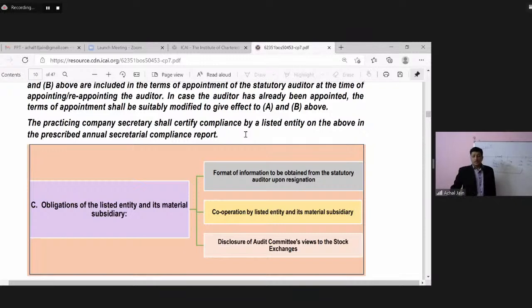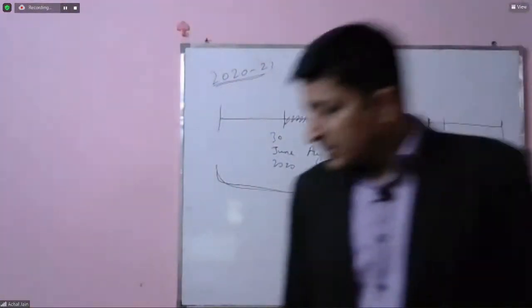So if you understand all of these provisions, what's the real idea behind this? See, there are a couple of things which you can make out.